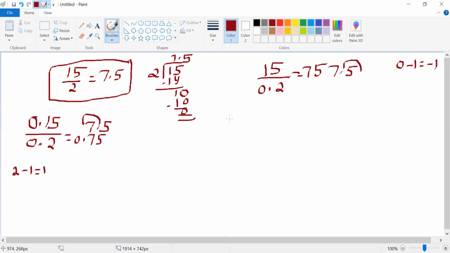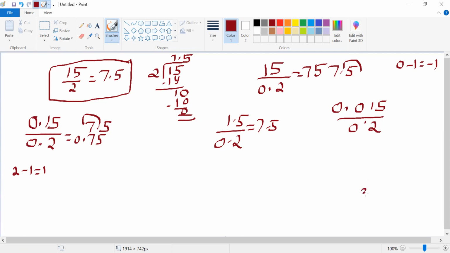Suppose it is 1.5 by 0.2. Then there won't be any difference, because numerator 1 decimal, denominator also 1 decimal. So the answer will remain 7.5 itself, no change. Now if it is 0.015 divided by 0.2, numerator 3 decimal places, denominator 1 decimal place. 3 minus 1, 2 decimal places we need.